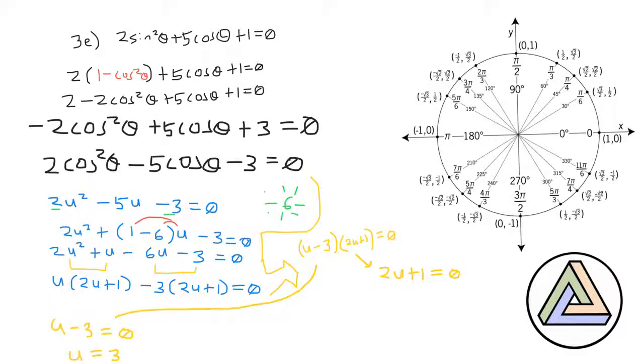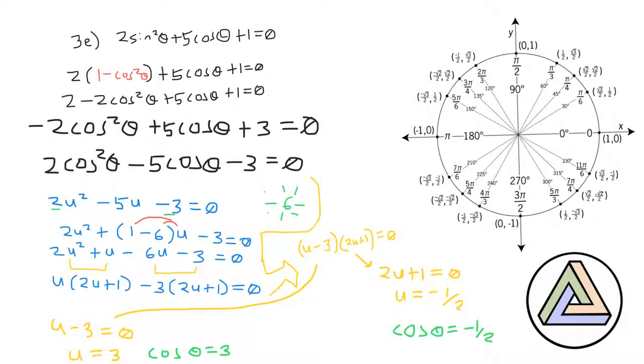Therefore, if we were to solve it, we would end up with negative 1/2 equals u. Now, we know that u is not just u, but u is actually cosine. So we're going to now replace it with cosine. Cosine theta equals 3. And over here, cosine theta equals negative 1/2.